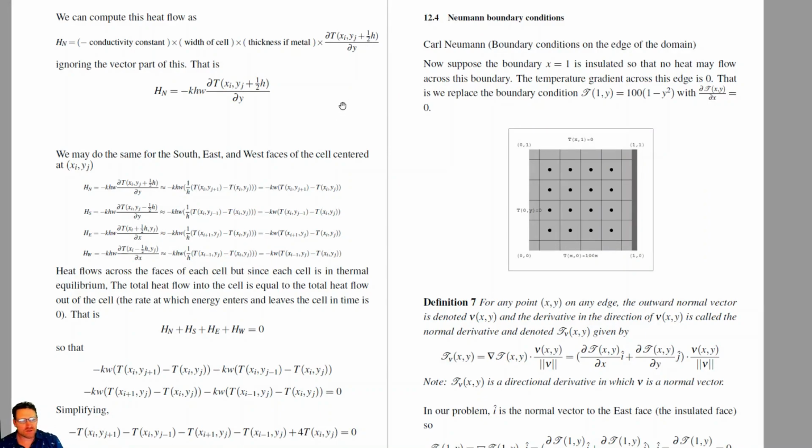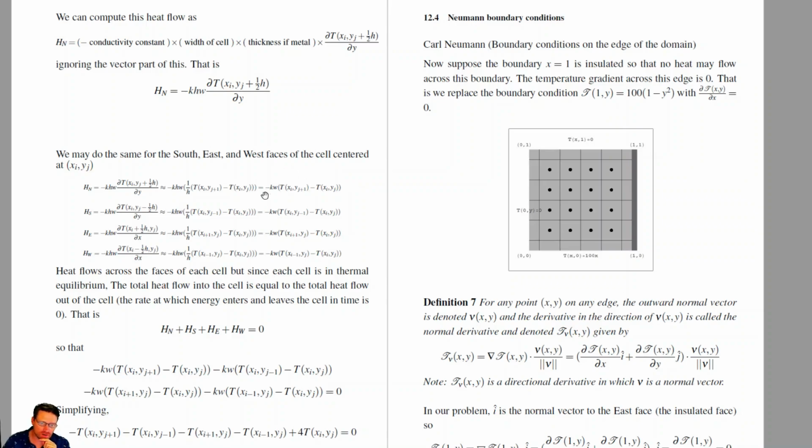So ignoring the vector part of this, h subscript n is minus k h w, for the width of the cell, times this partial derivative. So we can do the same for the south face, the east face, the west face, centered at the point xi, yj.